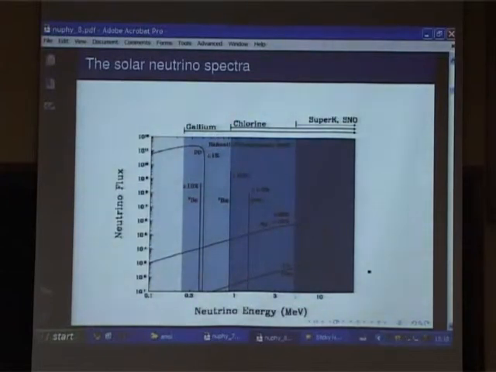And the water Cherenkov experiments started from 5 MeV. You can only get a spectrum of neutrinos for Super-Kamiokande and SNO, only for the neutrinos which are more energetic than 5 MeV. So different experiments talk about different ranges of neutrino energy.